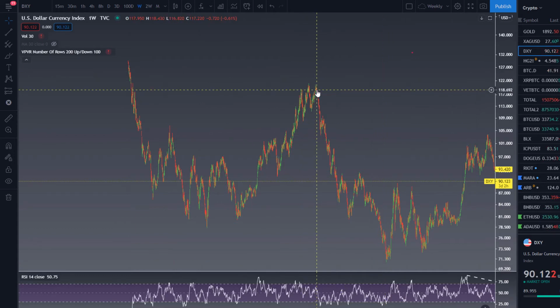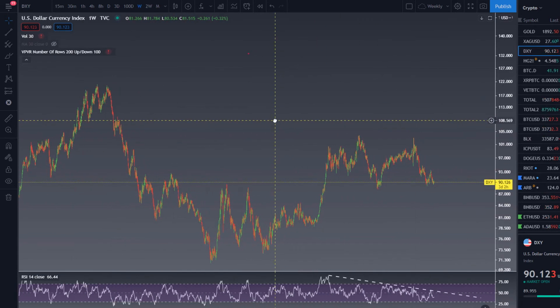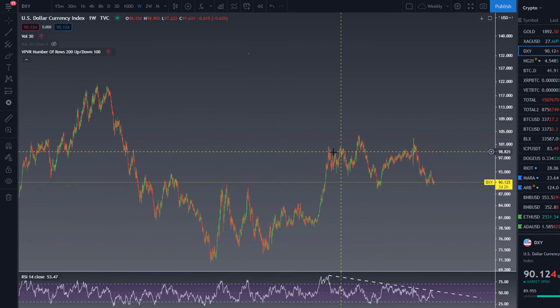So this started the biggest downward spiral the US currency had seen in the last kind of 50 years, right?